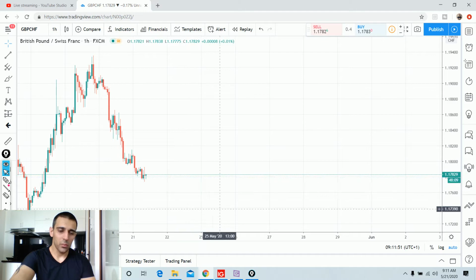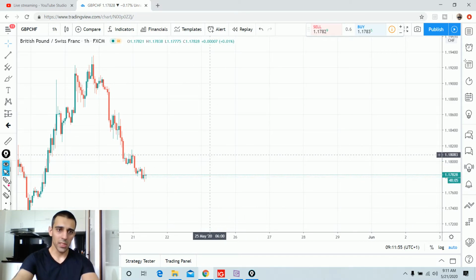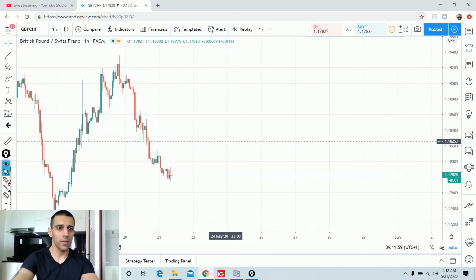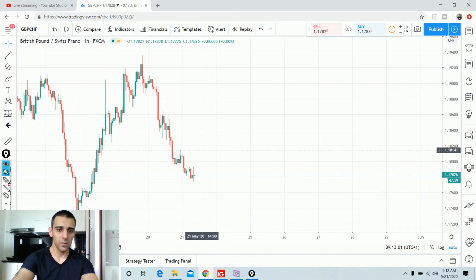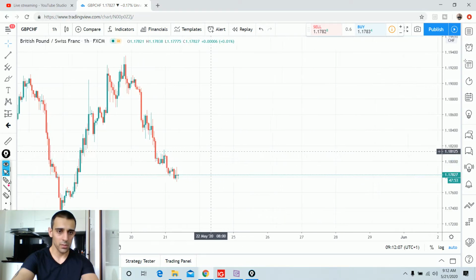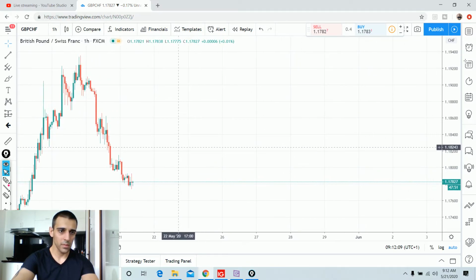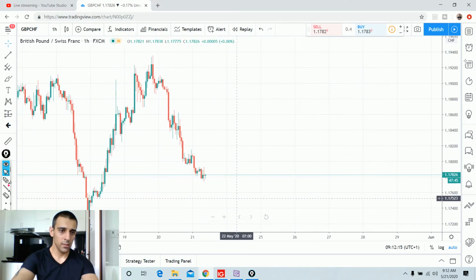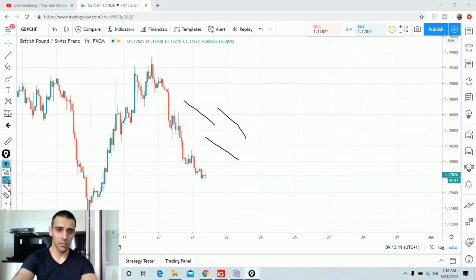I do check the moving averages because I do like them, but I don't use them as most traders do. I don't trade off them, but I use them sometimes for targets if there is other evidence with the moving average, but I don't use them for any other reason. So it seems like we are clear of the MAs because the trend is looking down, and all moving averages are just around this level.